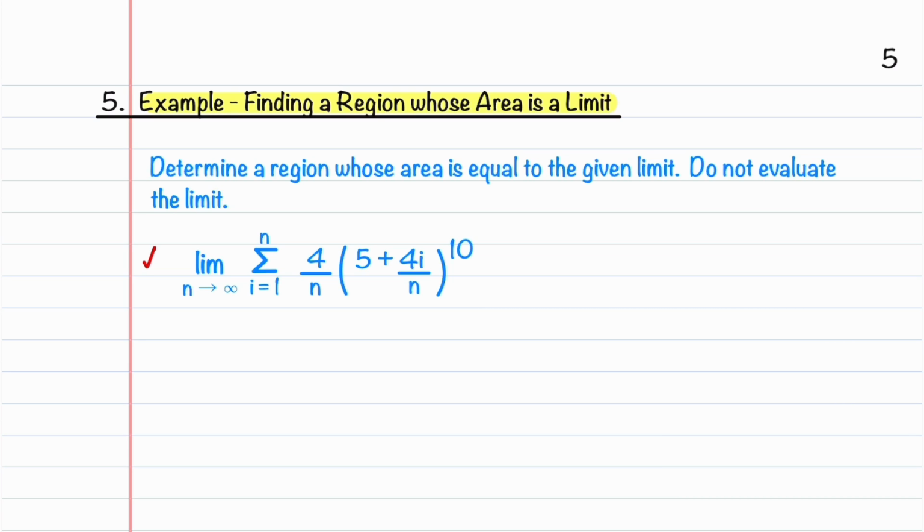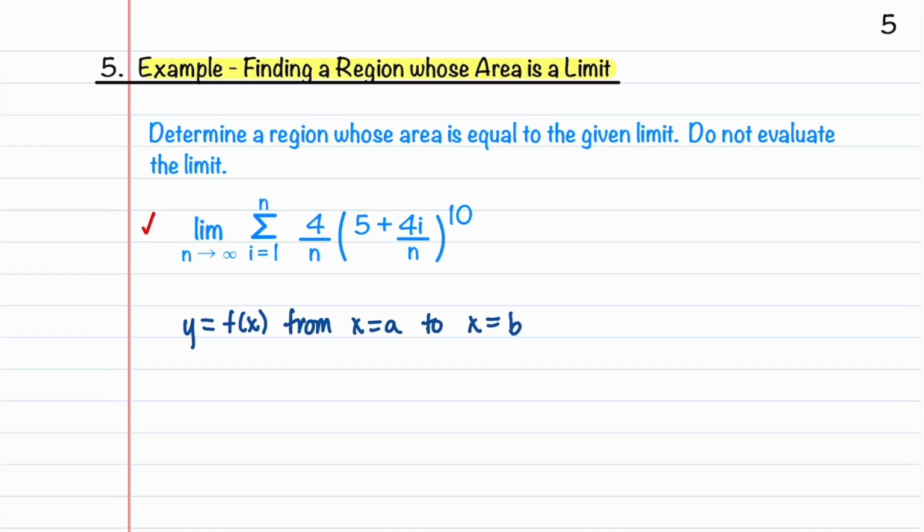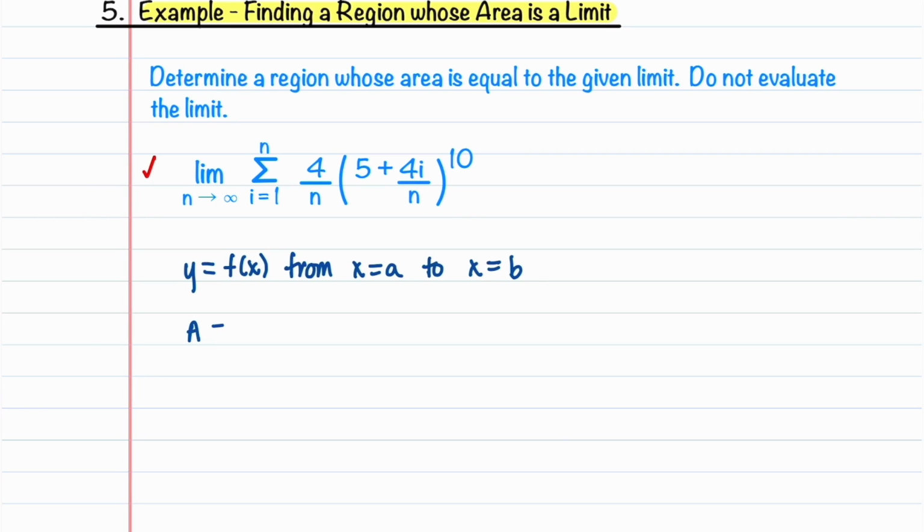You want to start by writing down the formula for the area under a curve y is equal to f of x from x is equal to a to x is equal to b. That area is given by the limit as n goes to infinity, the sum from i goes from 1 to n of f of x sub i times delta x.